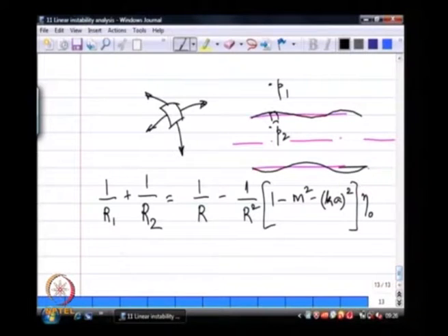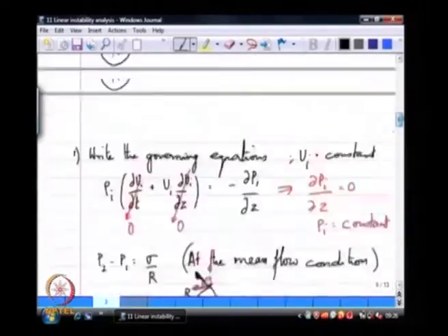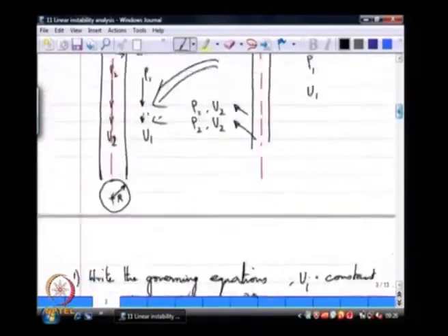as you will recognize, m is the circumferential wave number and k is the axial wave number, r is the unperturbed jet radius as shown in this figure.